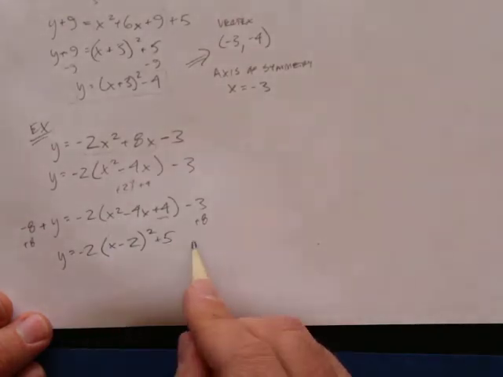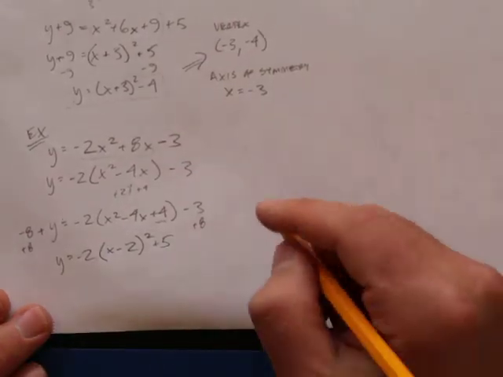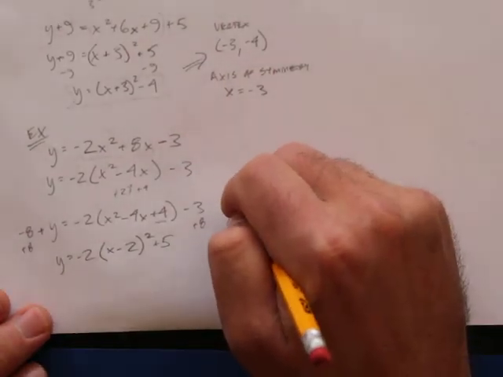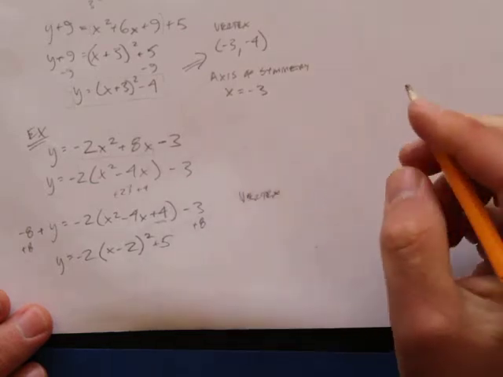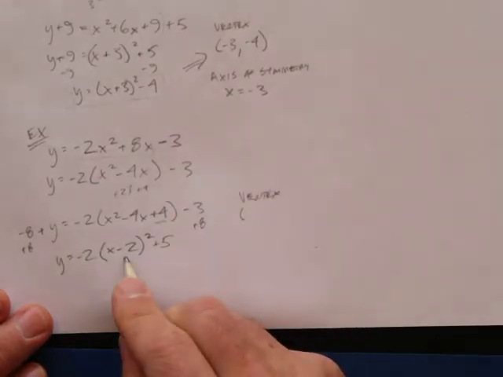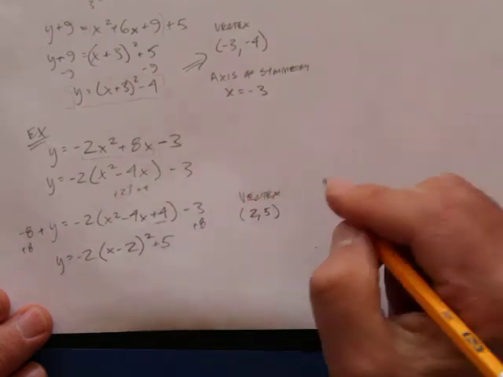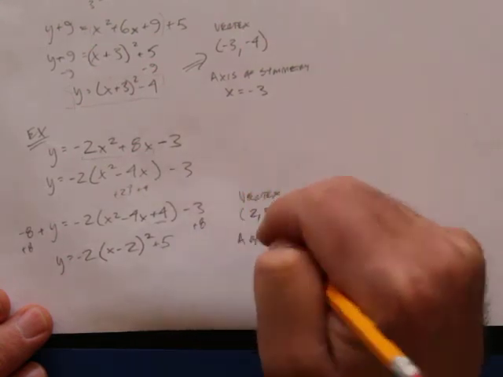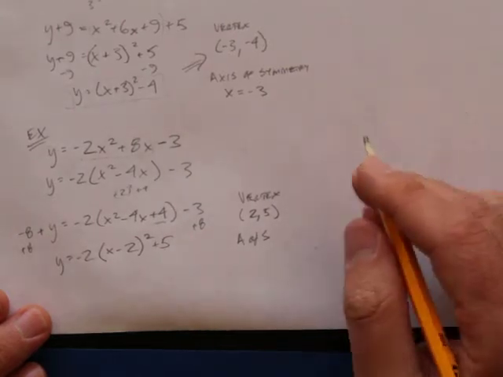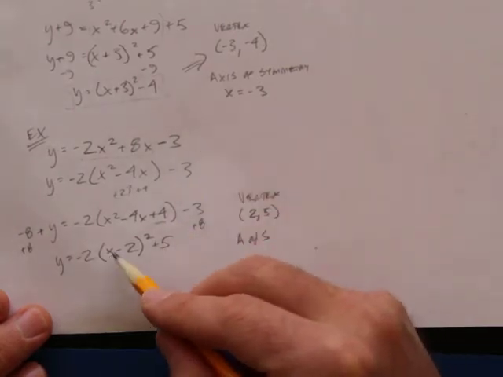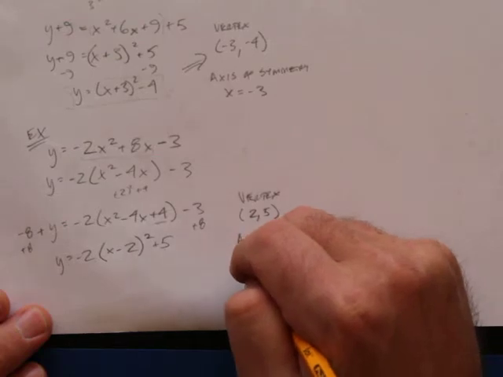So I have completed the square. There it is. My vertex is positive 2, positive 5, 2, 5. My axis of symmetry is my x value, which is positive 2, x equals 2.